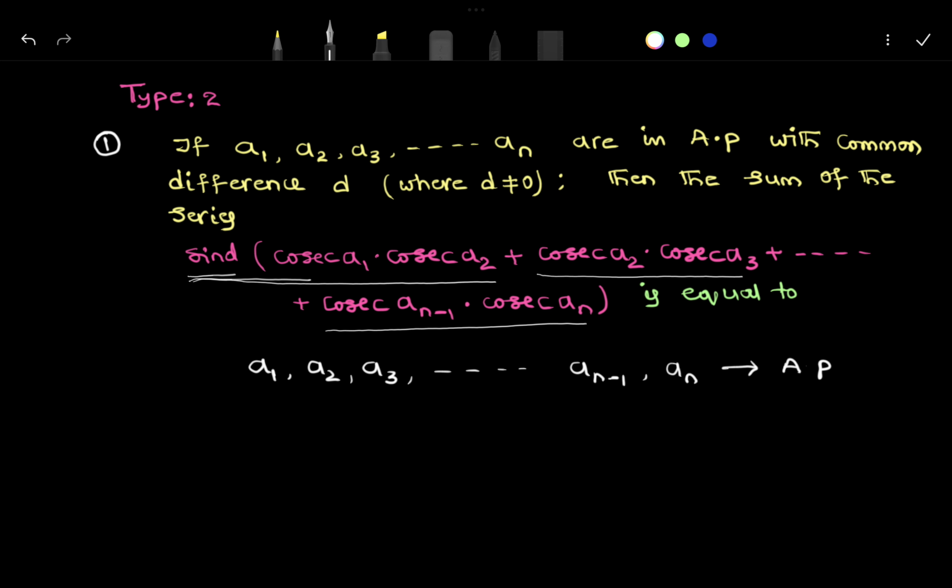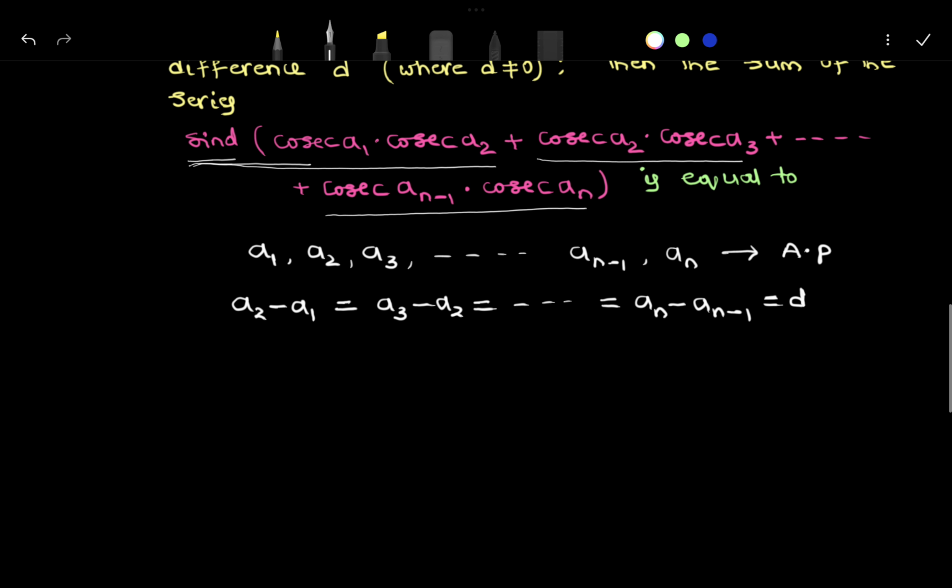Arithmetic progression means that the difference of two successive terms, a2 minus a1, will be equal to a3 minus a2, and so on up to an minus an minus 1. All are equal, and this value will be the common difference d. This is the fundamental concept here.